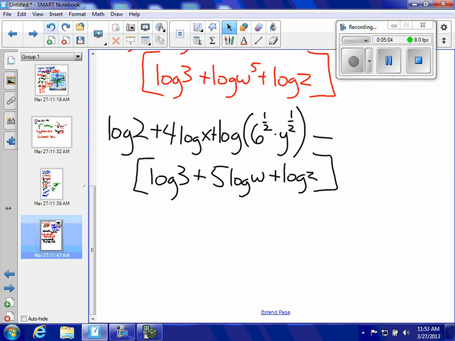Well, I have another expansion I need to do with this section right here before I can really expand it out all the way.